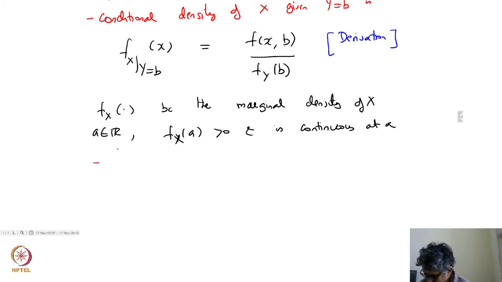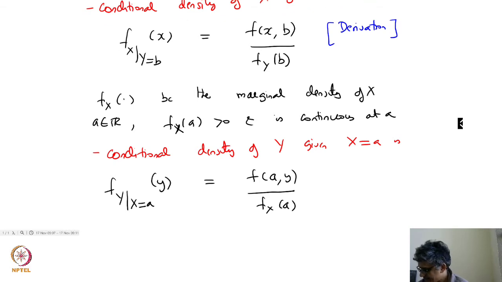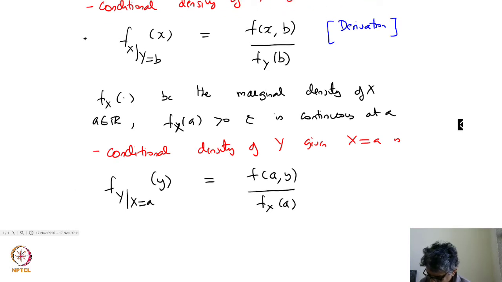Then again the conditional density of y given x equal to a is given by, you reverse the thing: you evaluate the joint density at the point a comma y, the whole thing divided by f sub x at the point a. These are two key ideas that we discussed last time.